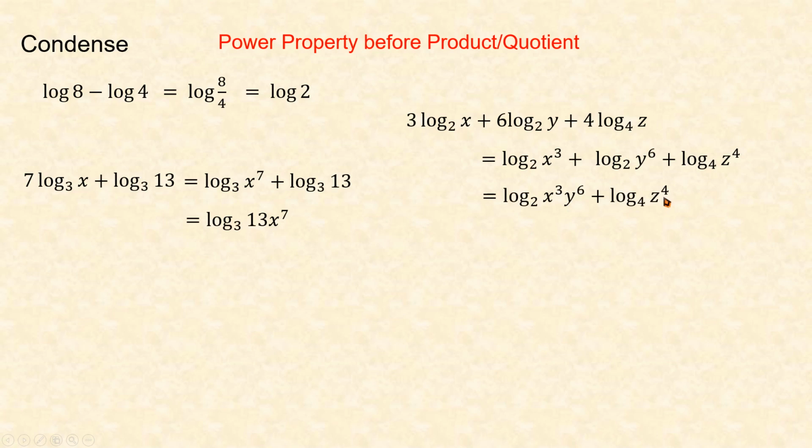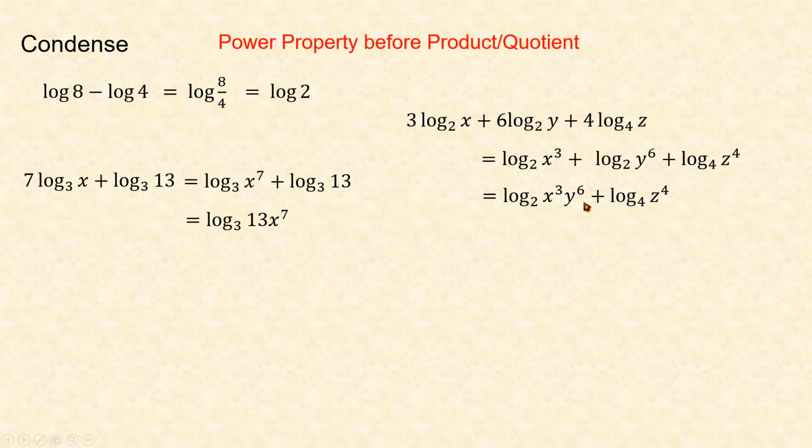Now, why didn't I put the z to the fourth together in here? Does anyone see why? Shouldn't it be log base 2 of x cubed y to the sixth z to the fourth all in one? No. The reason is that z to the fourth is base 4.